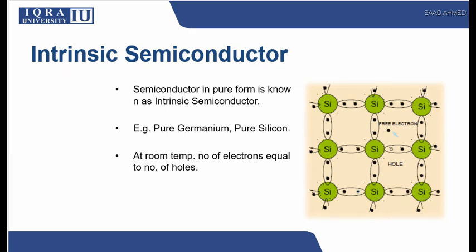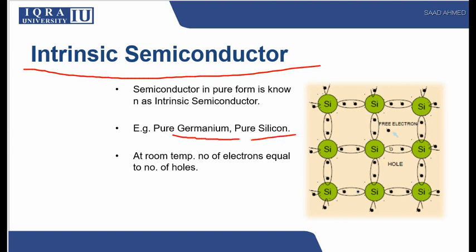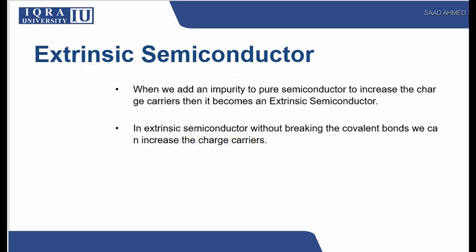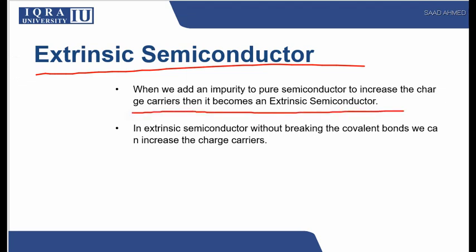Intrinsic semiconductors are, as I said earlier, pure semiconductors like germanium and pure silicon, and at room temperature the number of electrons equals the number of holes. If we look at the extrinsic semiconductors, when we add an impurity to a pure semiconductor to increase the charge carriers, then it becomes an extrinsic semiconductor.